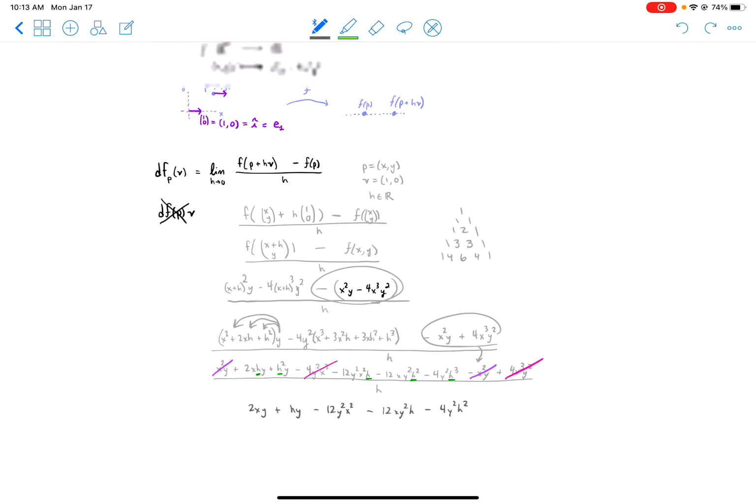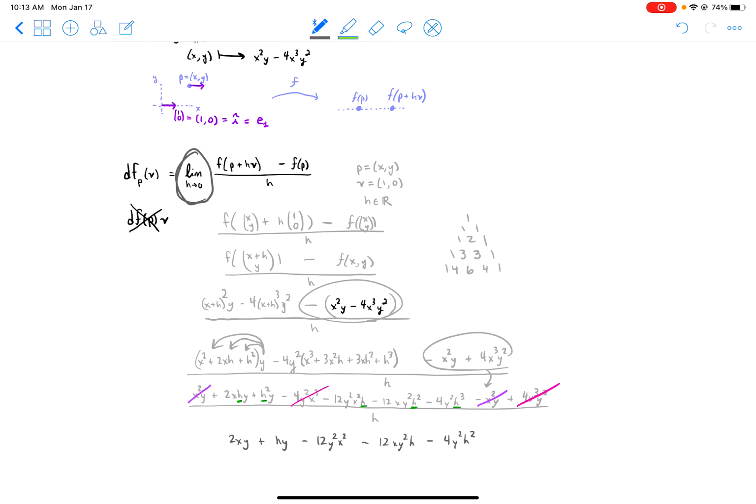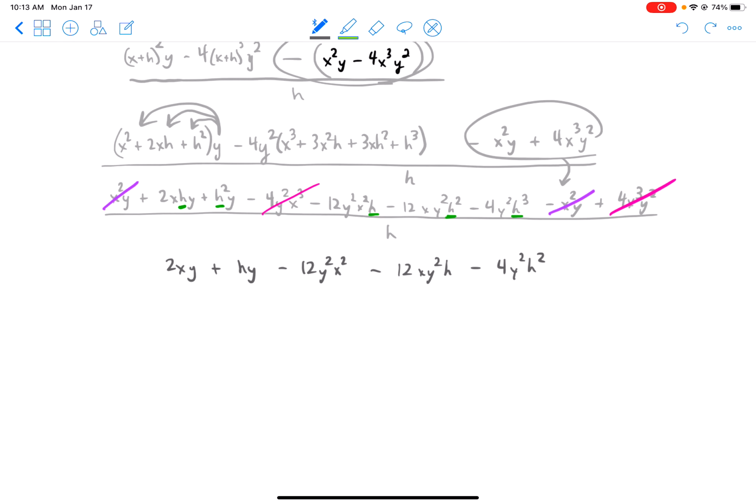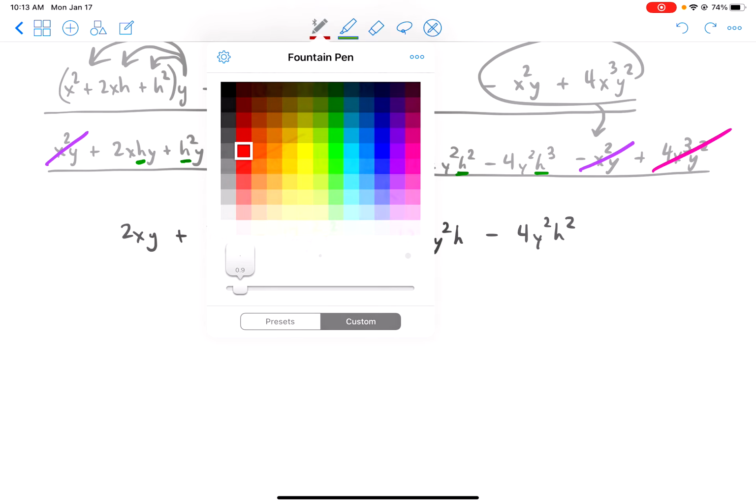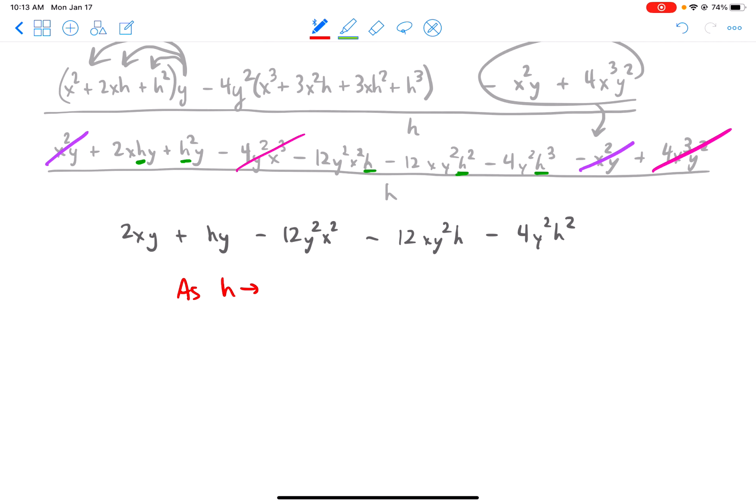But now what do I have to do? Limit as h goes to 0. As h goes to 0, all terms with a surviving h will disappear.